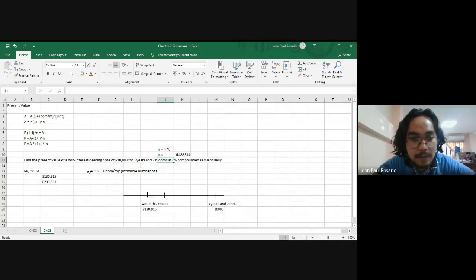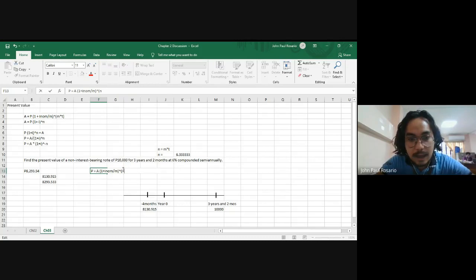So, ang ibutang dayon dere is P is equal to A, i-nom m, tapos n rounded up. So, dili siya round down or round off, but rounded up. Multiply, negative din siya. Negative n rounded up.